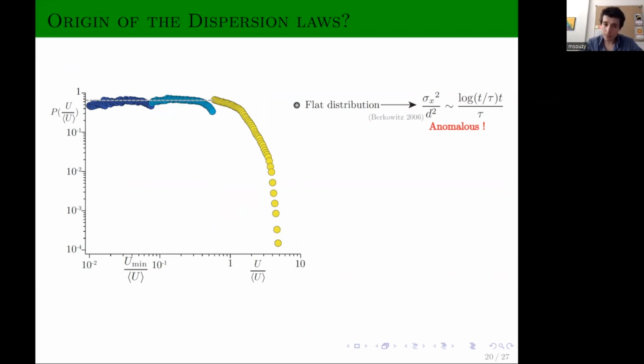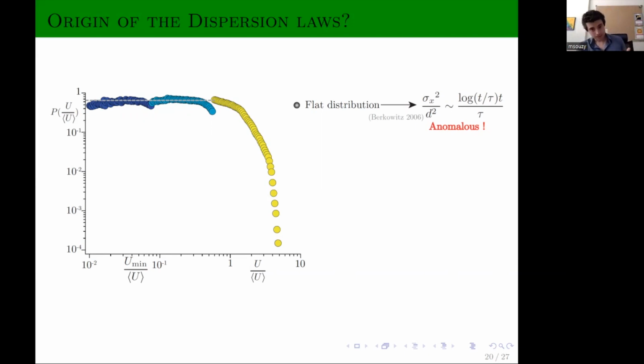So how does it happen that in the experiment, at long time, we have a Fickian dispersion? We experimentally measure a flat velocity distribution. So how do we solve this apparent paradox?